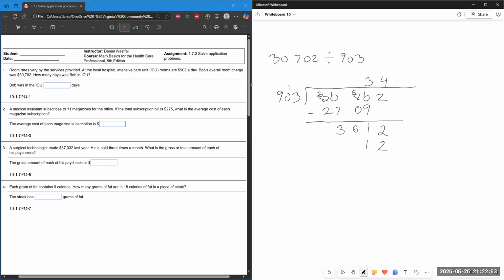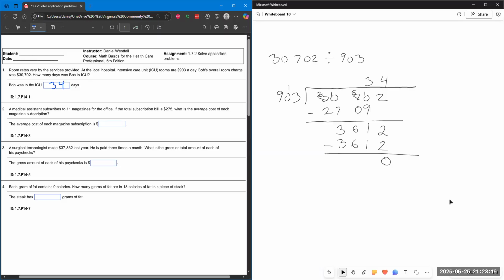And 4 times 9 is 36. And we have a remainder of 0, which is what we wanted. He should have been there a whole number of days because it doesn't look like you get charged on parts of a day here. So he was in ICU for 34 days.